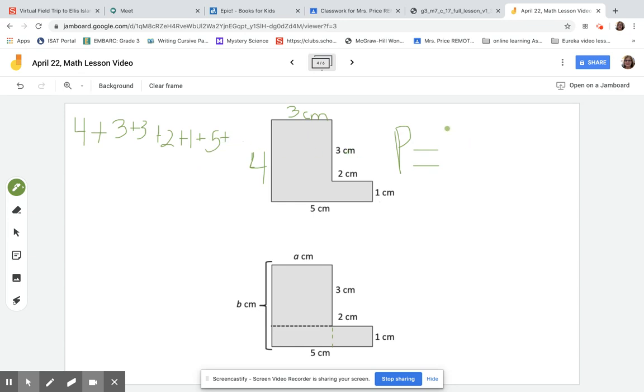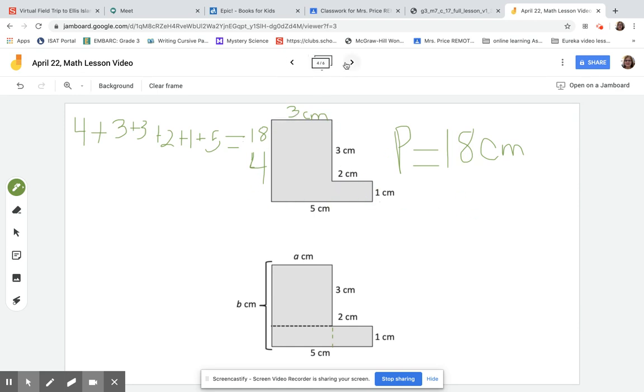So perimeter equals 18 centimeters for this shape. Okay, I hope that makes sense to you, because that's what today's lesson is: learning how to figure out missing side lengths with odd shapes.